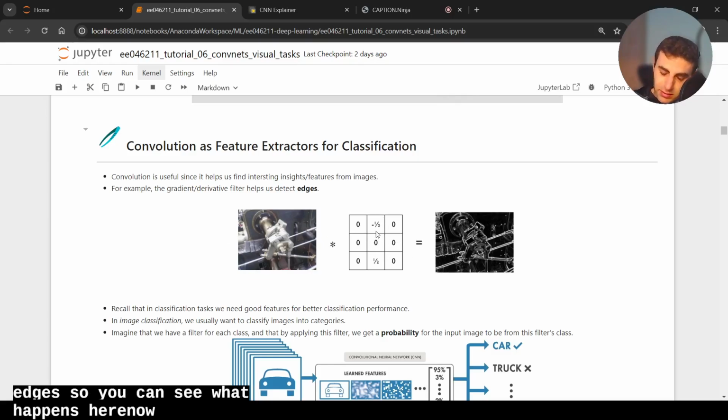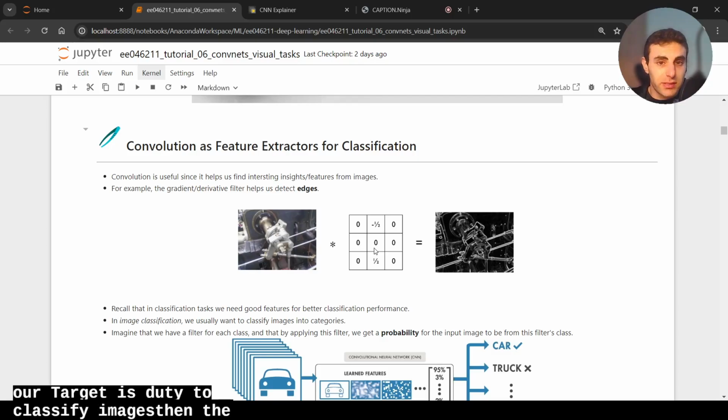Now we set these values beforehand. So basically, this is a kernel that is not learned. It is constant, right? Because we implemented the derivative filter by hand. But in practice, in a neural network, these values will be learned. So basically, if our target is to classify images, then the parameters of this kernel will be tuned to detect some features.